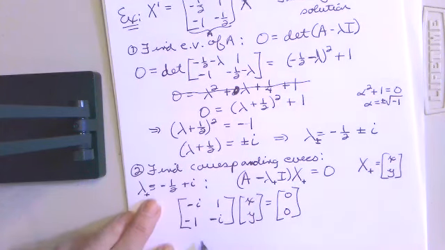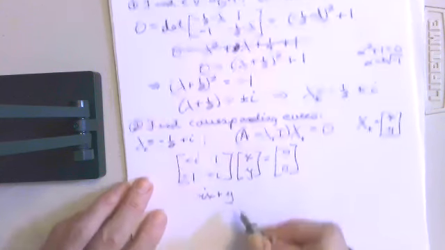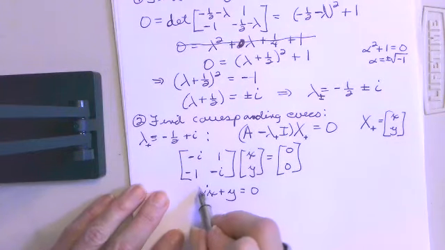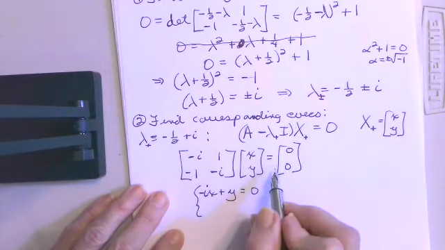So that says minus ix plus y equals 0. And the second equation had better be the same as the first.